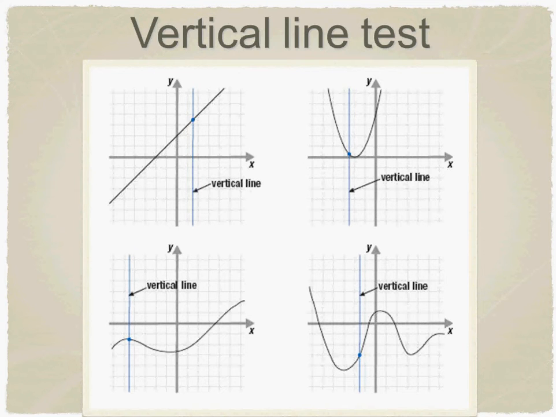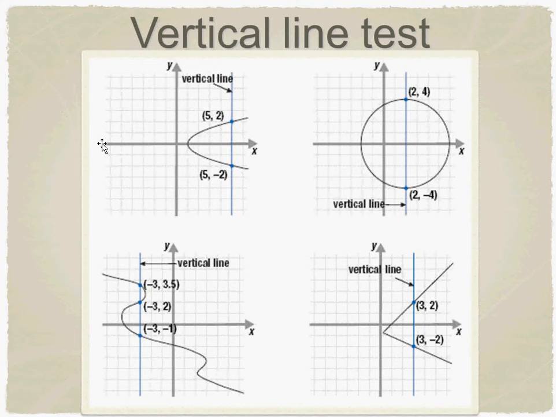So what does a relation look like that's not a function when you graph its set of ordered pairs? Here are a few examples. Notice here in this relation, when I draw a vertical line, it touches the relation in two places. Again, recall that 5 has an output of 2 and 5 has an output of -2.